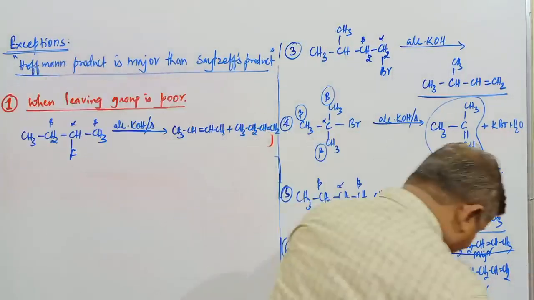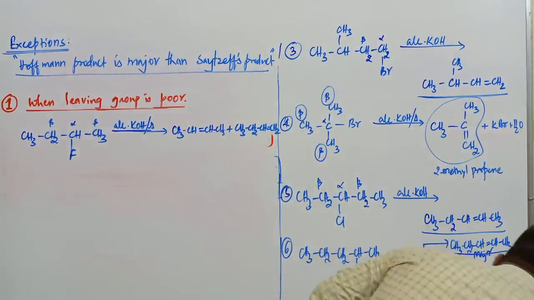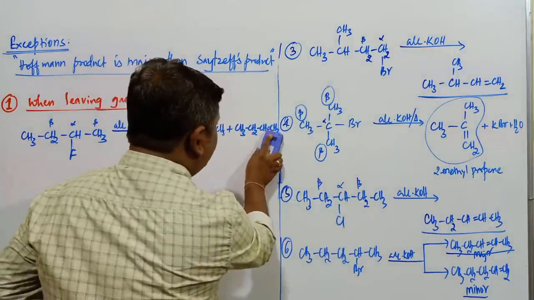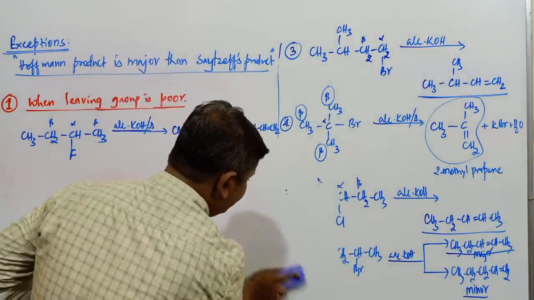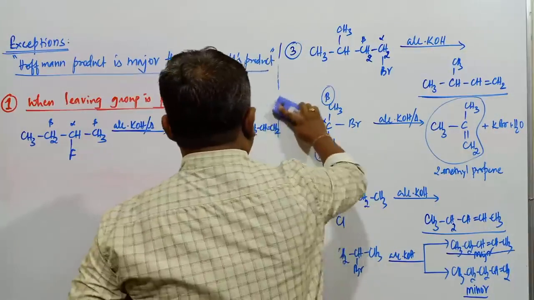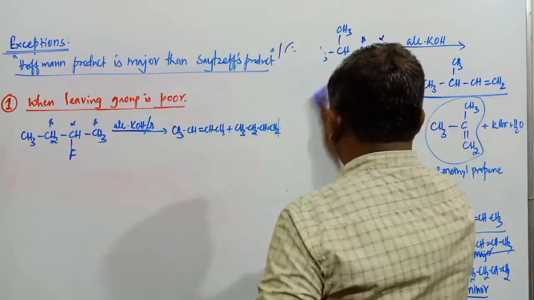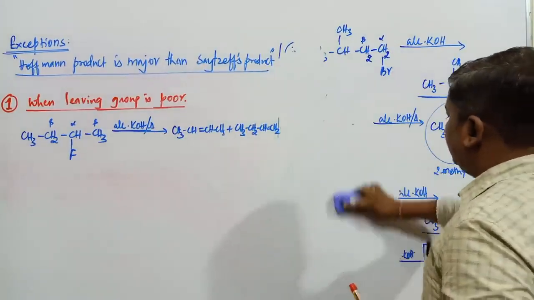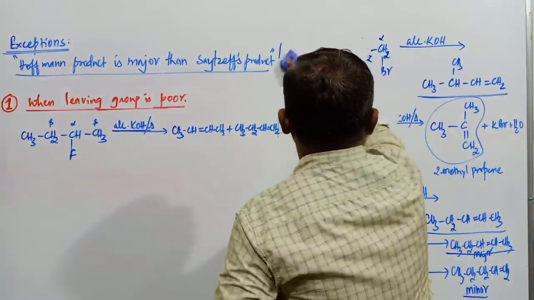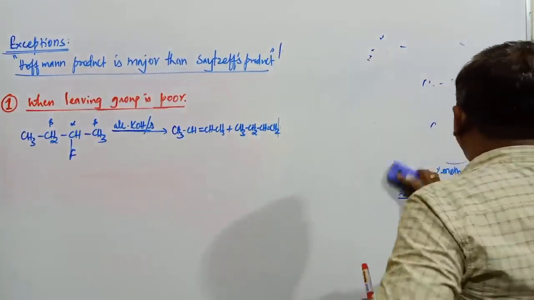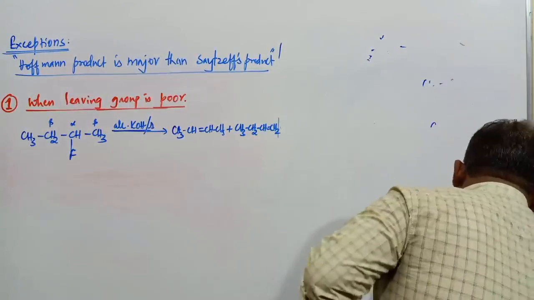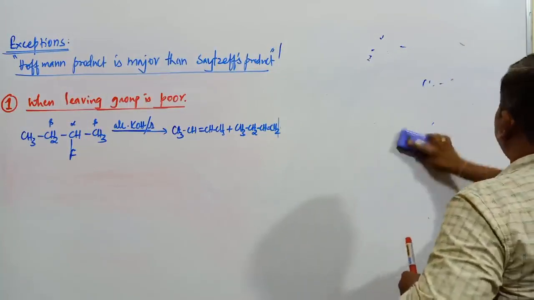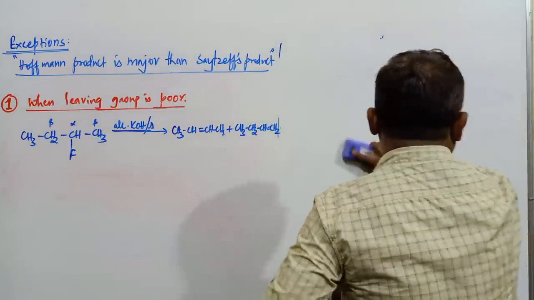This is because of the presence of two groups in the molecule, so two products are possible in this reaction. Now, of these two products, which is Hofmann and which is Saytzeff will not change.